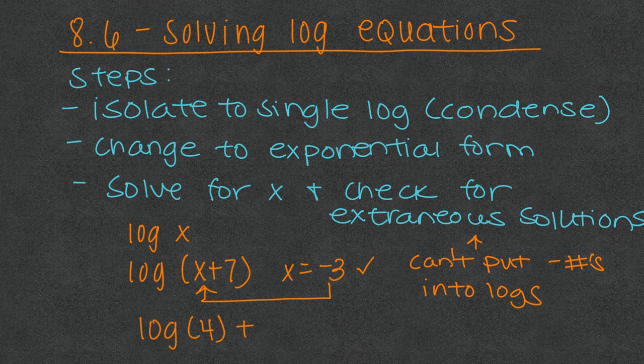So that actually means that's good. So you truly do have to check and see. If you have multiple logs in your original problem, if it doesn't work for one log, it doesn't work for anything. So if I have a log x and I get a negative, then that's never going to work. But I have to simplify what's in the parentheses with my substitution before I decide if it works or doesn't work.